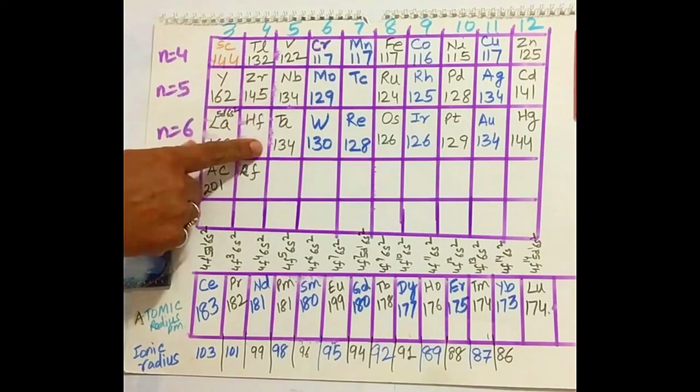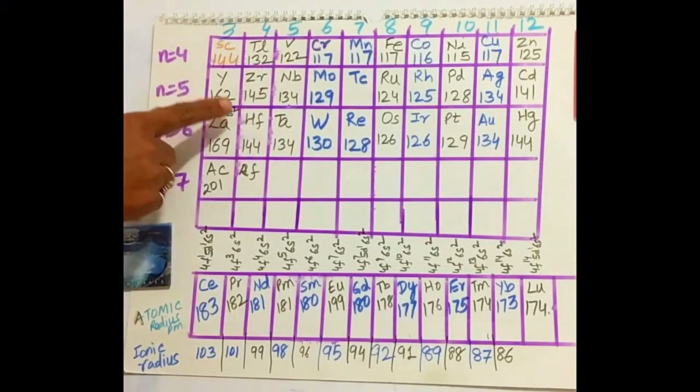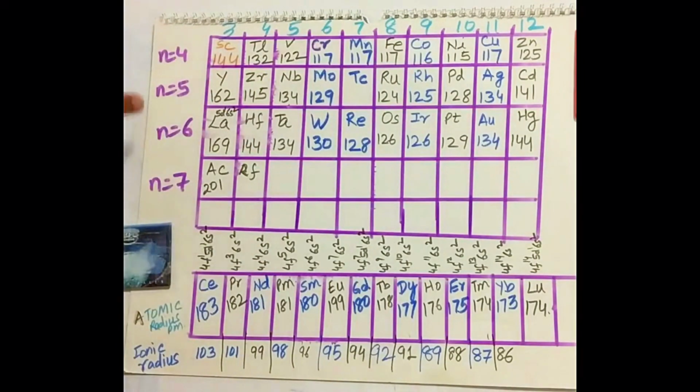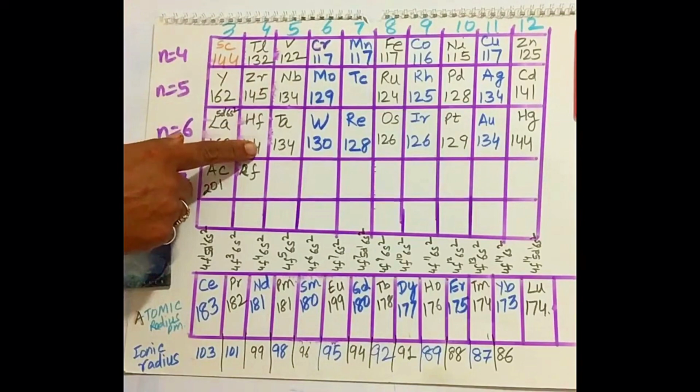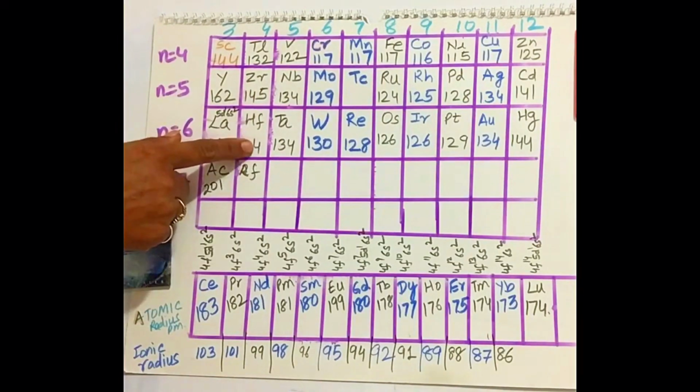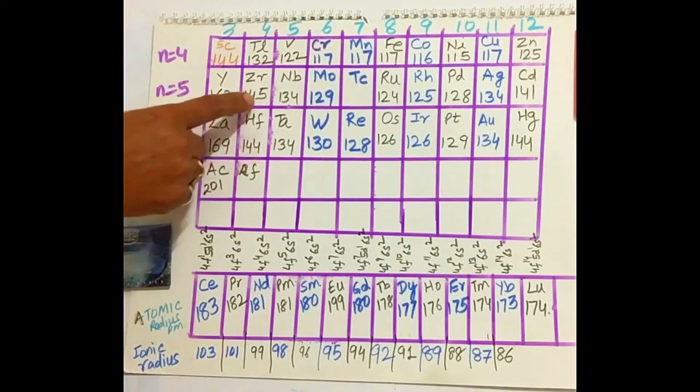You notice that although we are adding an electron, an extra energy level is being added. Here the valence shell is the 5th one, here the valence shell is the 6th one. So although an extra energy level is getting added, we notice that the atomic radii does not increase much. In fact, it almost remains the same and is actually showing a decrease.